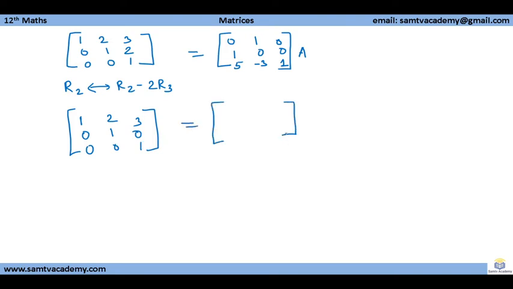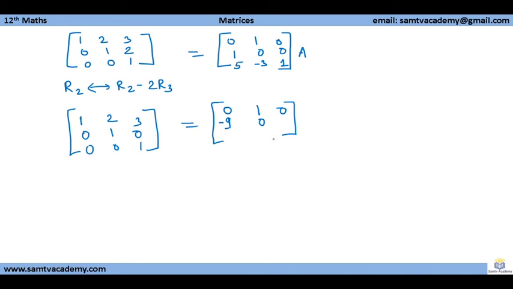Right hand side, so this is 0 1 0. R2 will be replaced with R2 minus 2R3: 1 minus 2 times 5, so 1 minus 10 will be minus 9.